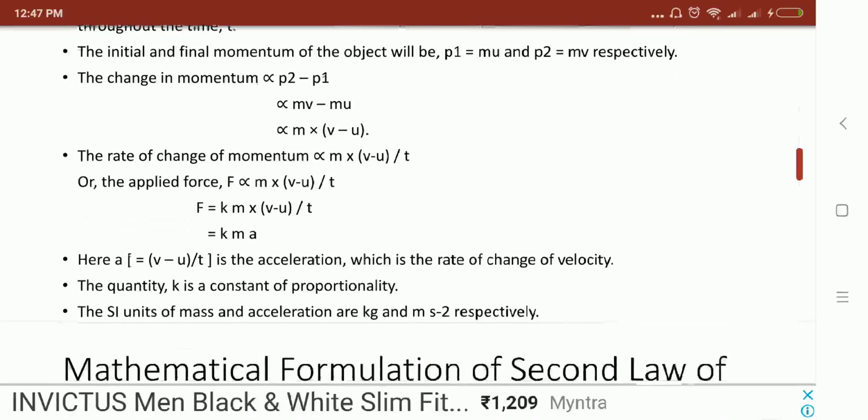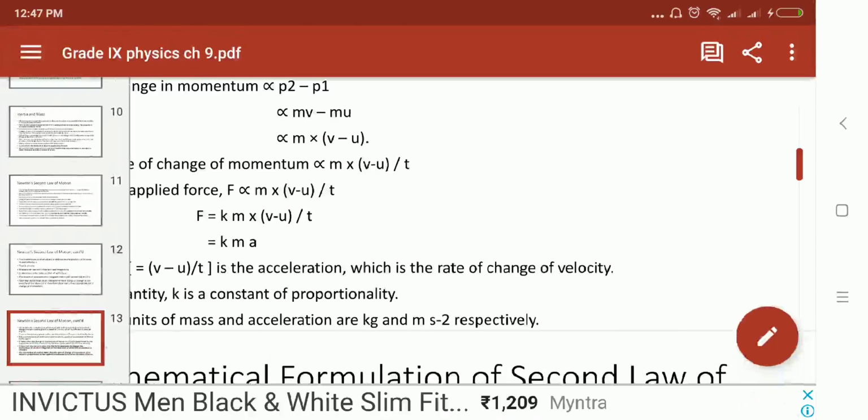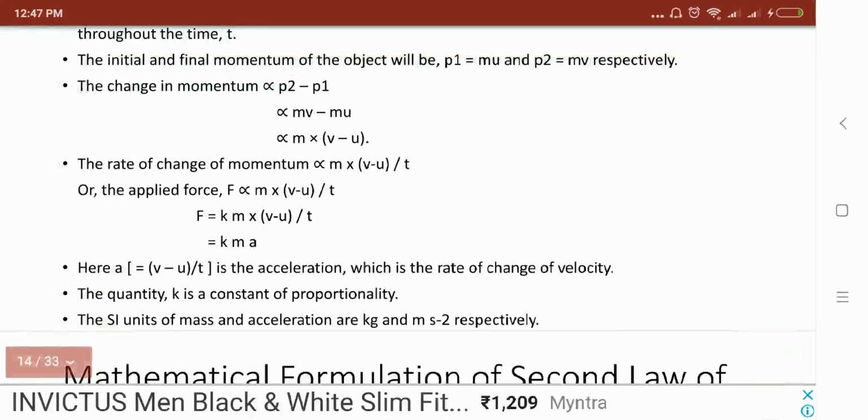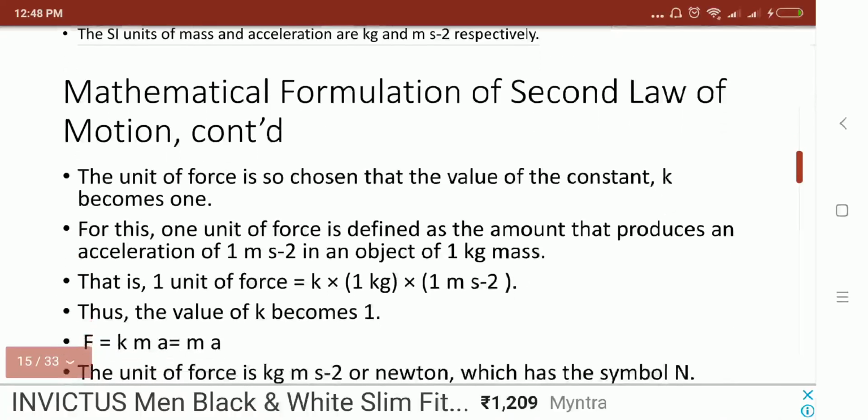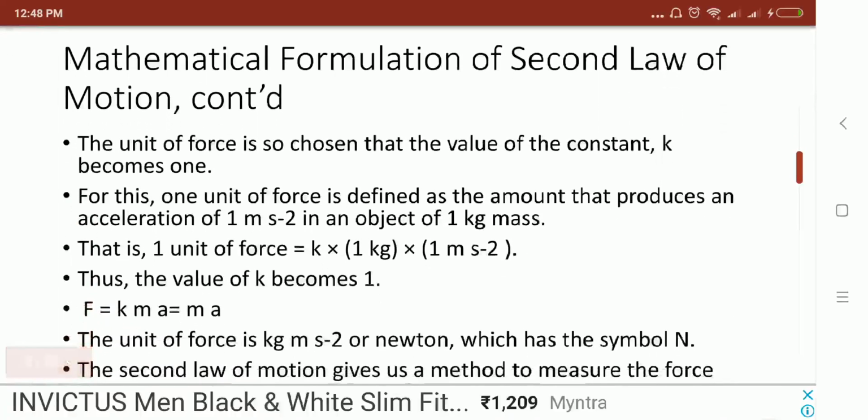k is the constant. Now we need to determine the SI unit. SI unit of mass m is the kilogram. SI unit of acceleration is meter per second square. And the unit of force is the Newton. Now let us take the constant k with the value of 1.